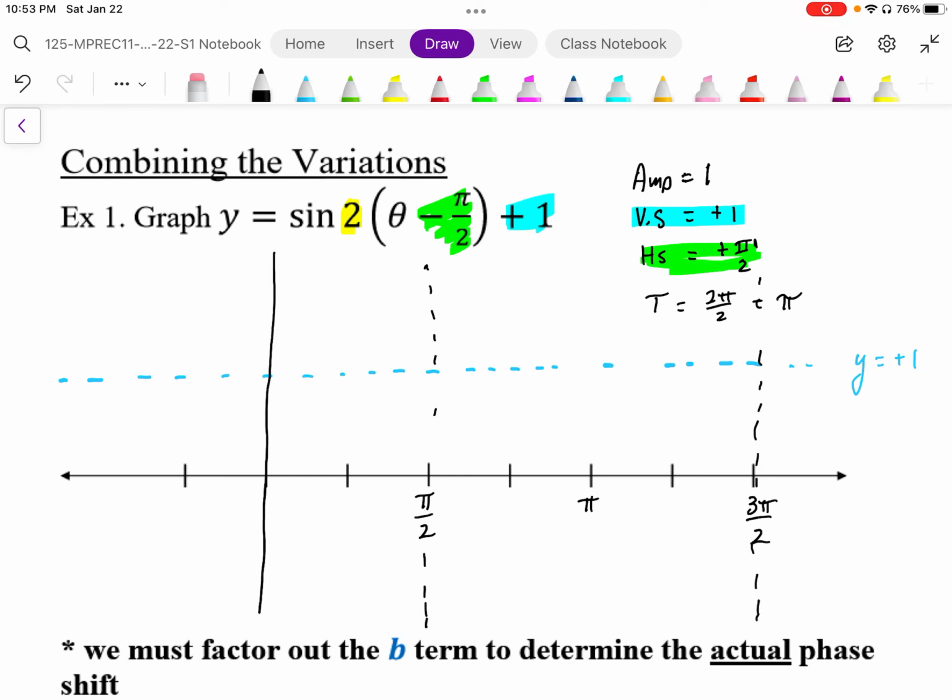Okay, so I have my start, I have my end, I have my middle. I'm going to divide it into the quadrants, so I'm going to find halfway. Okay, and then halfway again. And then halfway again. Okay, so those are my parts. I'm going to calculate the quadrants. So halfway between pi over 2 and pi.